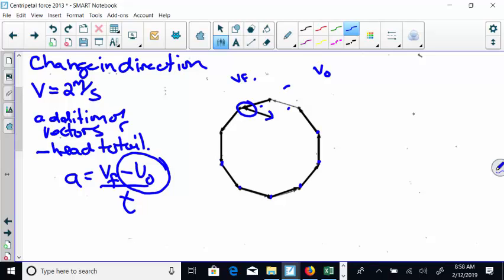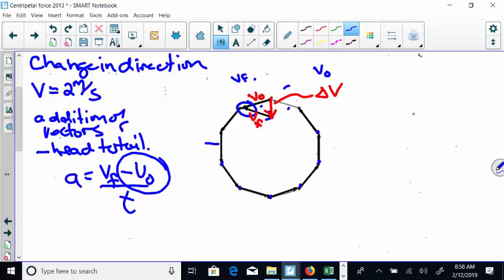So I have to flip the vector when I do that. And now, when I take V initial and V final and subtract them, there is right here a change in velocity. And that happens all the way along here.